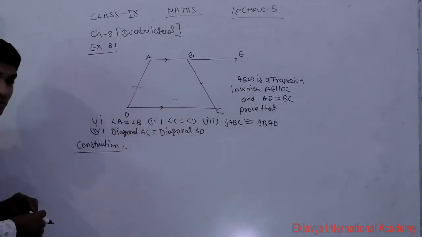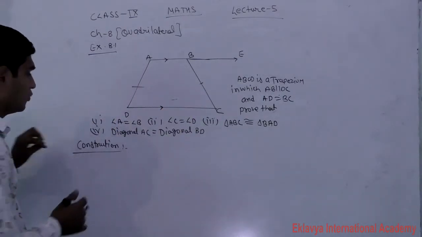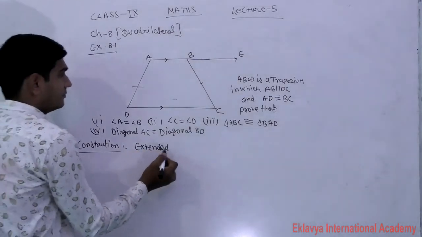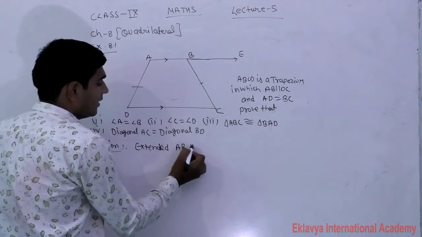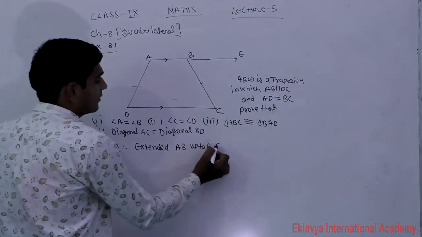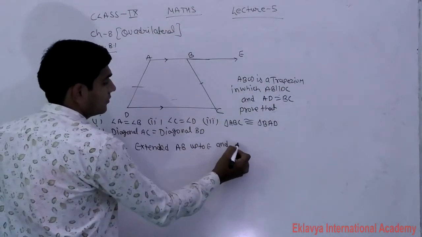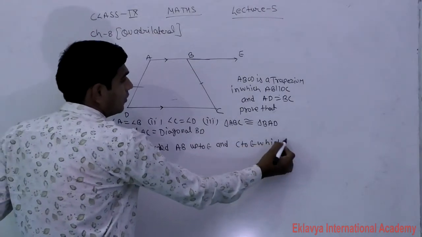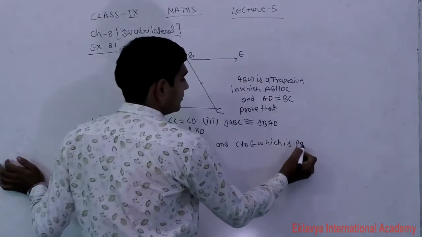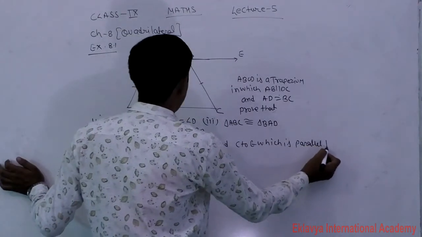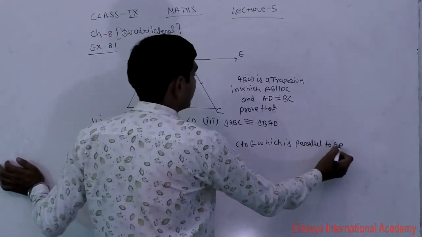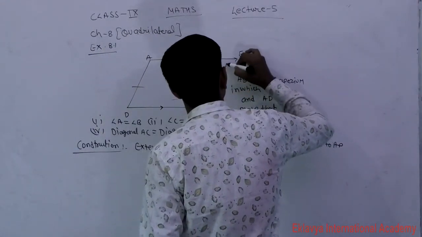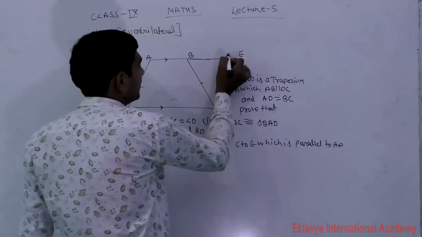Construction, what will we do? Extend AB up to E and join C to E, which is parallel to AD. That is point E.